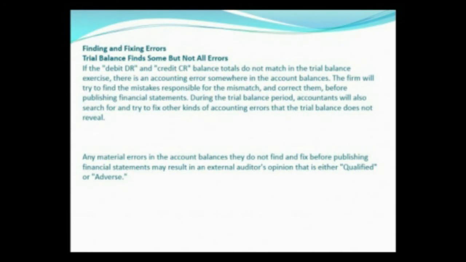During the trial balance period, accountants will also search for and try to fix other kinds of accounting errors that the trial balance does not reveal. Any material errors in the account balances they do not find or fix before publishing the financial statements may result in an external audit. It means if we are not able to find the mistake ourselves, we are inviting the external auditors to come and check our books to find the errors.